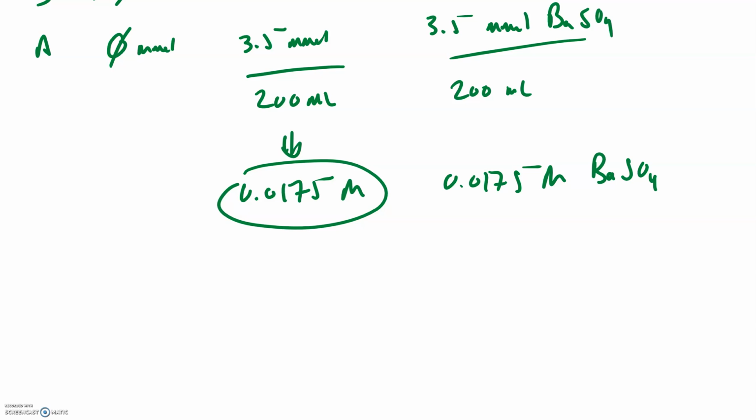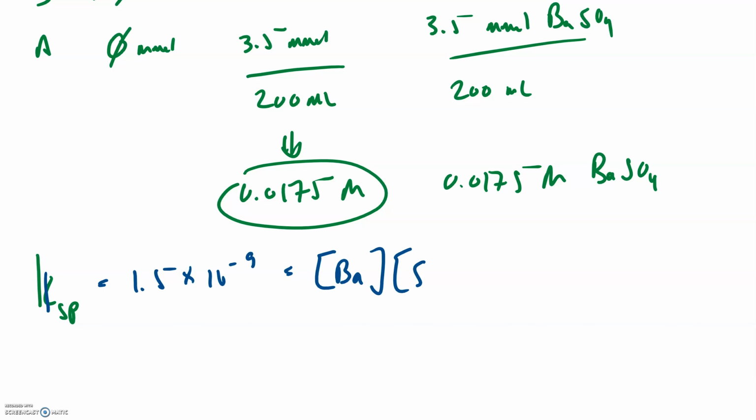So here's how this is going to work. We're going to say KSP is equal to 1.5 times 10 to the negative 9th, which is equal to the concentration of barium in solution times the concentration of sulfate in solution. Well, we have too much sulfate when we add these two together, so it's going to act like a common ion effect.